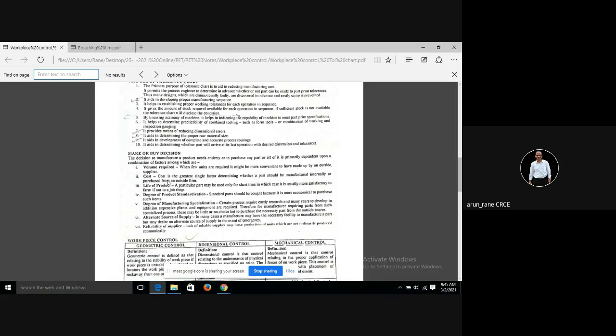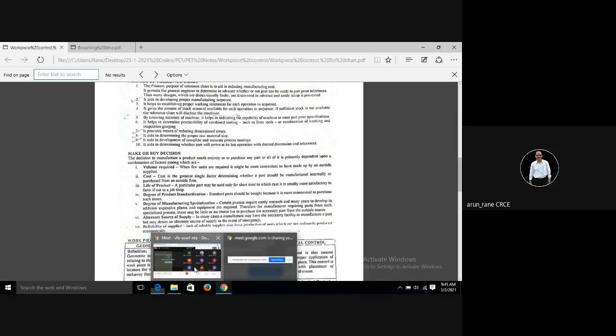In-house means obviously you should have facilities, then only you can manufacture. If you don't have manufacturing facilities itself, then obviously you don't have a choice but to go for purchasing. So the first criterion is volume. What is the volume required?